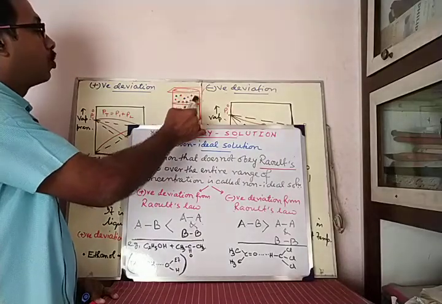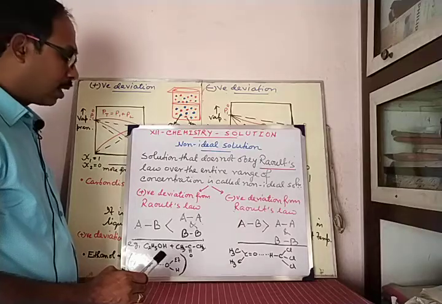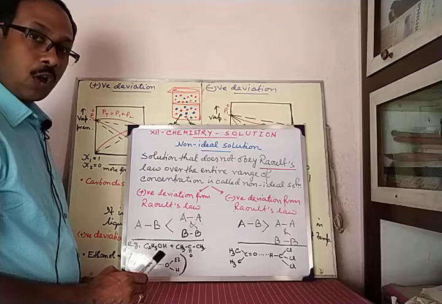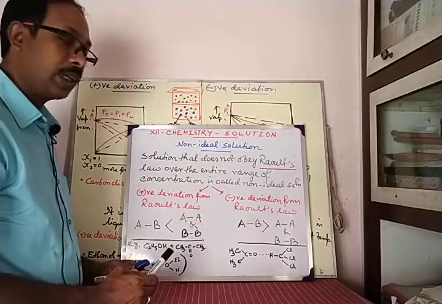More vapors will come on the surface than expected, and that is called positive deviation from Raoult's law. That is, the vapor pressure will be more than the expected value.